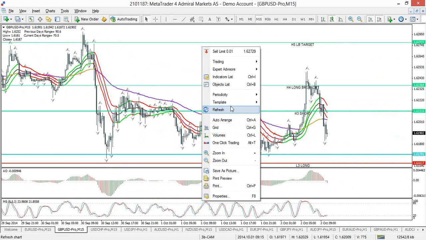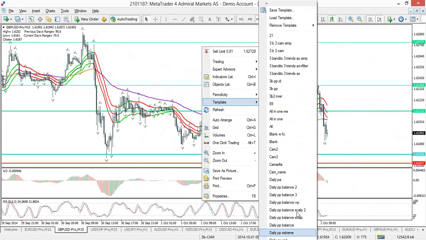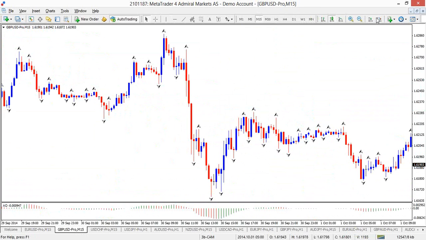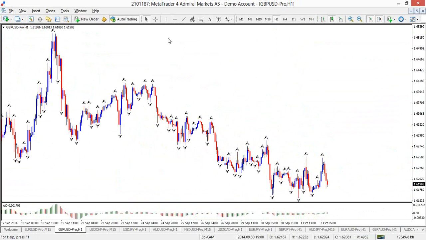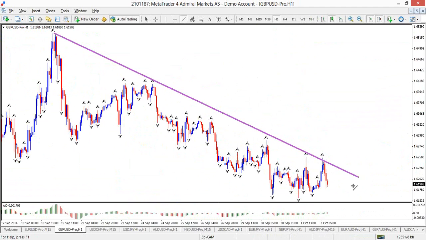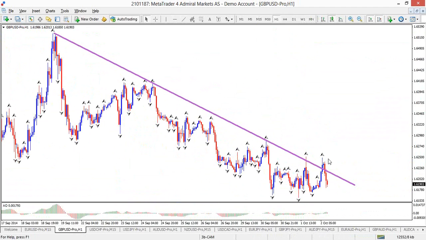Let's take a look at the pound aussie. The pound aussie 1-hour chart has a lot of trend lines. In fact, we can draw something like this. We can see there's resistance here, a failed attempt to break to the upside.